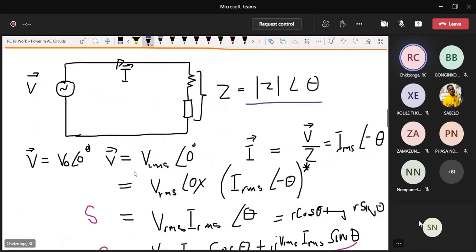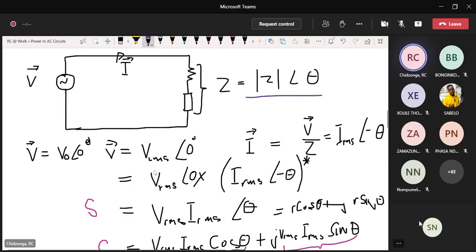From here, I then jumped straight. I said for a general impedance, voltage times a current now. Remember, the current doesn't have an angle of zero anymore, as in a resistor. That is where I said to be consistent with convention, we take the conjugate of the current.